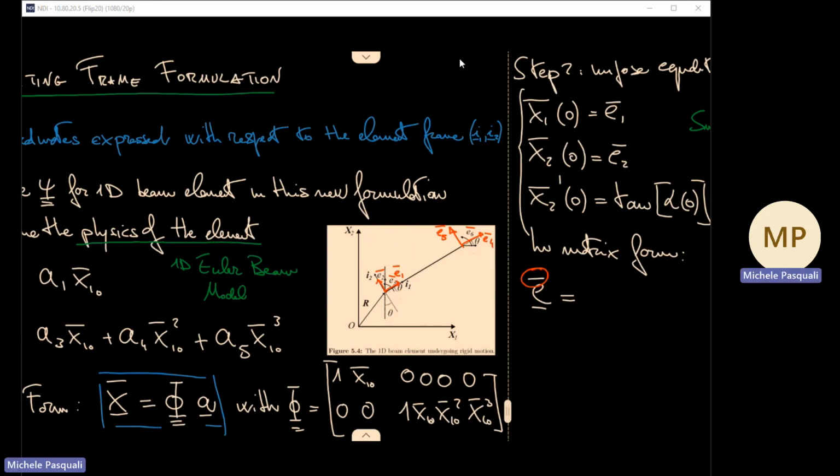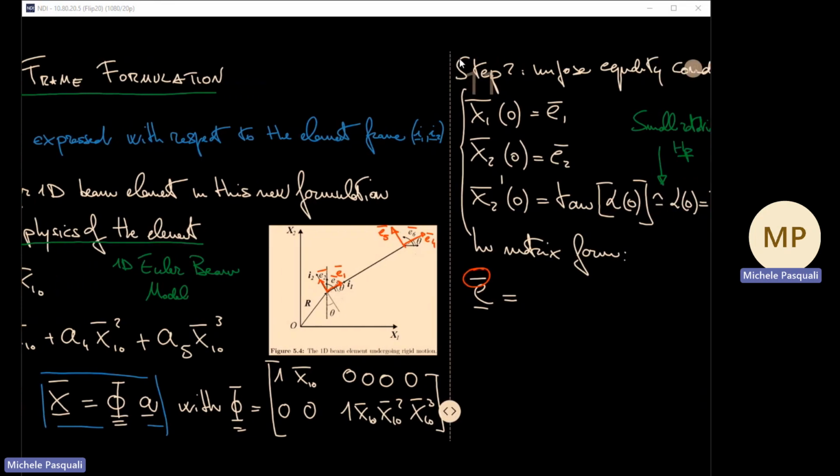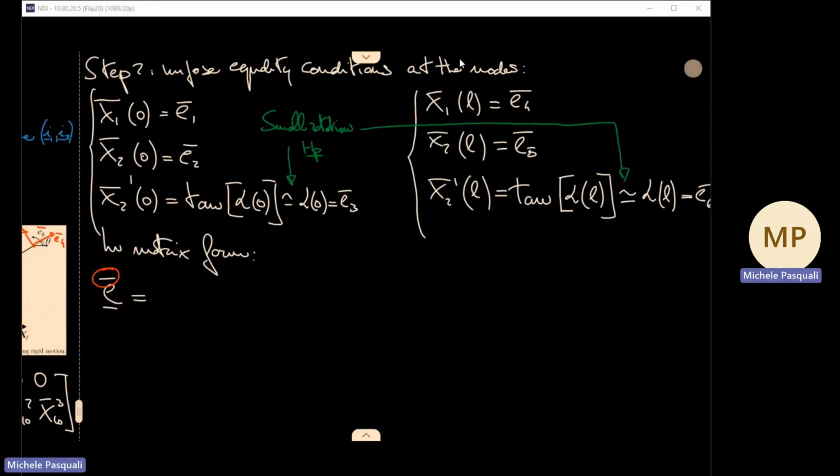Theta? Yes, exactly. Okay, so this is what we are actually dealing with now. And that's why we have an overbar here, because it's basically the same quantity but described with respect to another frame. And so this becomes C overbar applied over A, with this C overbar that we have already encountered. I will write it just for the sake of completeness, but bear with me, of course, this is kind of boring.